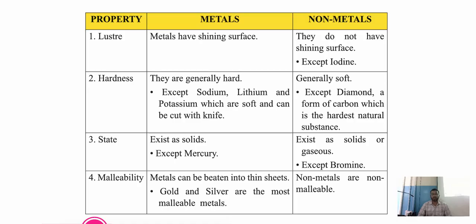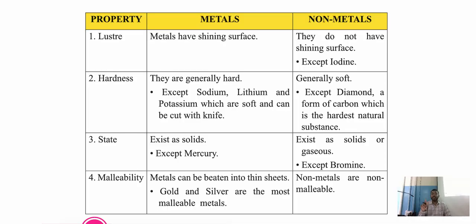Now, metals are lustrous. What do you mean by lustrous? Lustrous means shining. They have a shining on the surface of a metal. That is called lustrous. So metals have a highly shining surface. But compared to that, non-metals do not have a shining surface, except iodine.